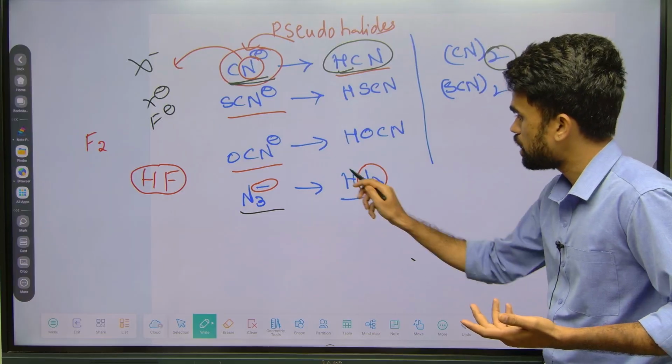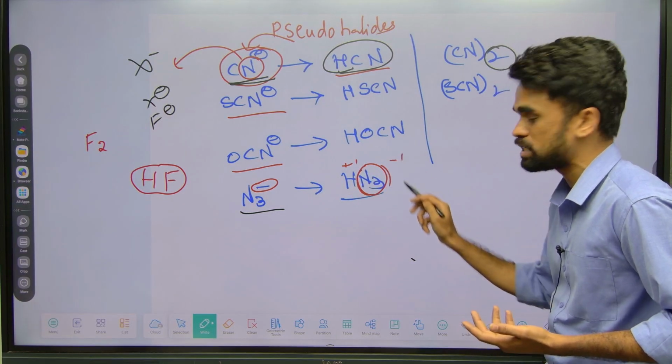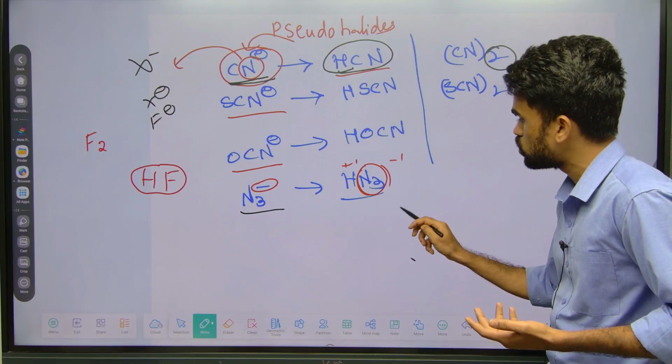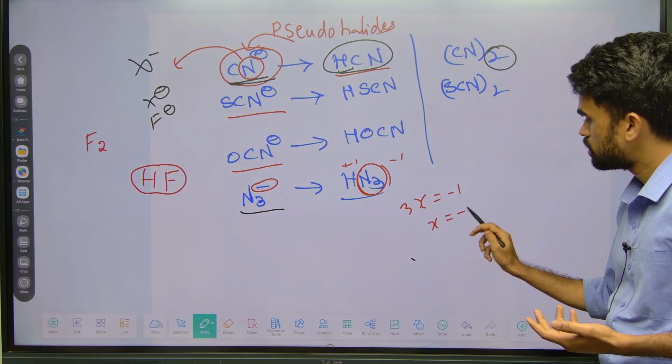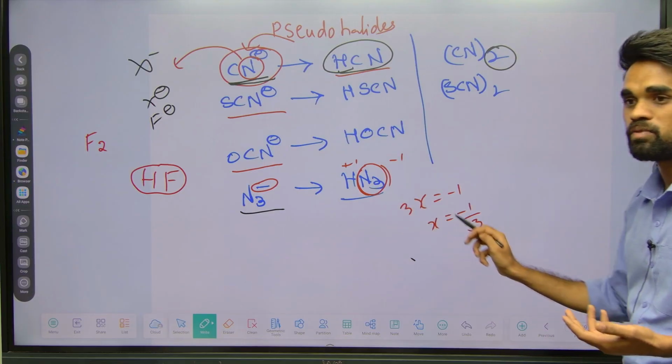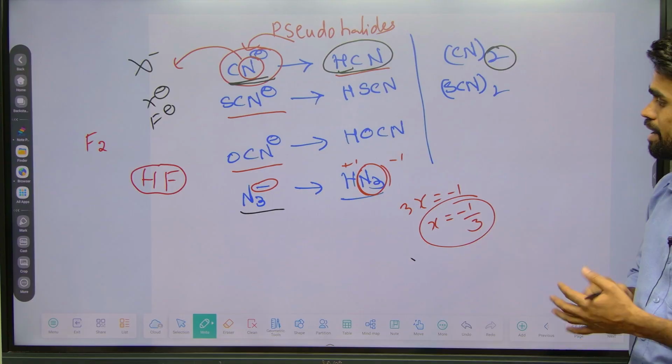Hydrogen will be plus 1 charge, then the complete N3 will be minus 1 charge. So 3 nitrogens, so 3x equals minus 1. Then x will be, so for 1 nitrogen atom, what is the charge? So this is how you calculate oxidation states.